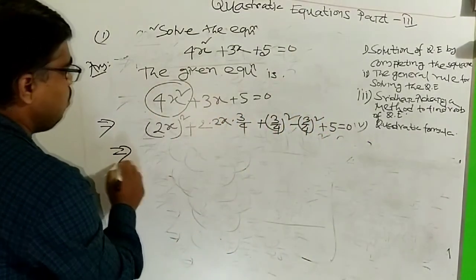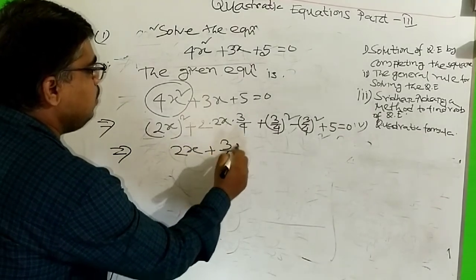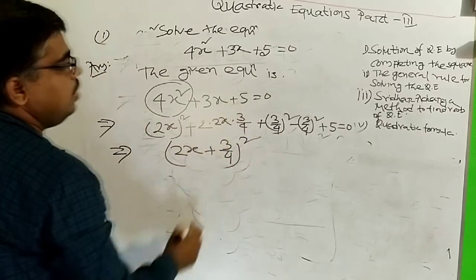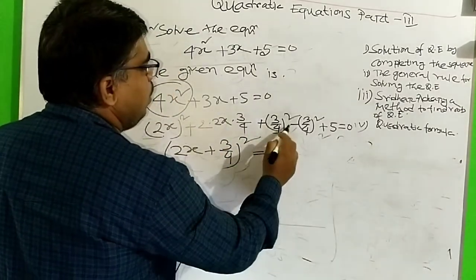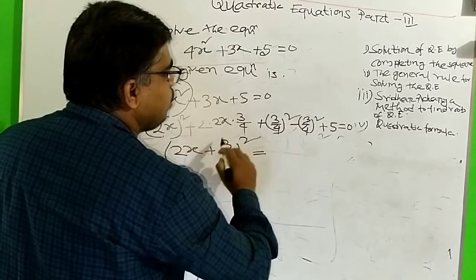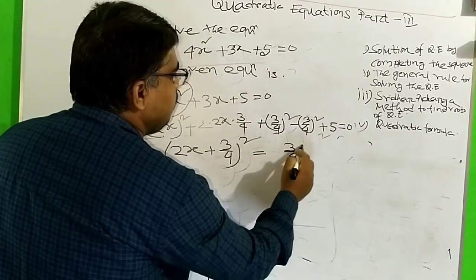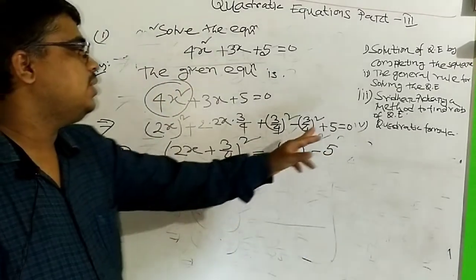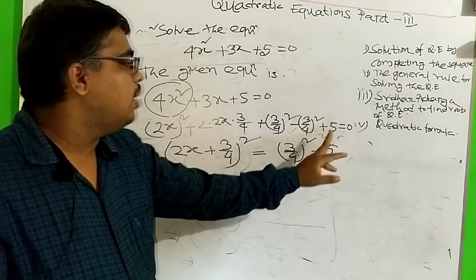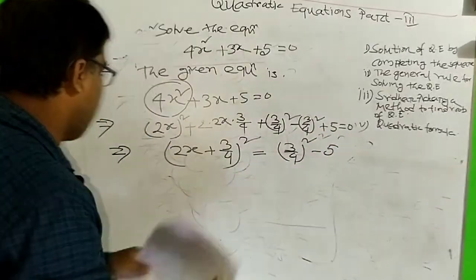This implies 2x plus 3 by 4 whole square is equal to, we transfer minus 3 by 4 whole square to the right hand side, we get 3 by 4 whole square minus 5, since it is plus 5 and it becomes minus 5 on the right hand side.